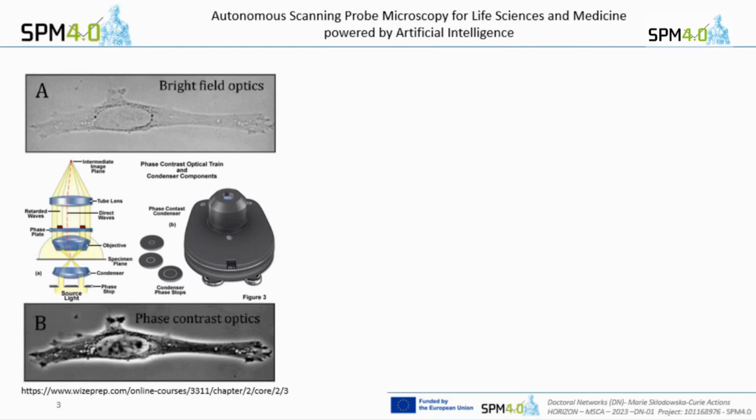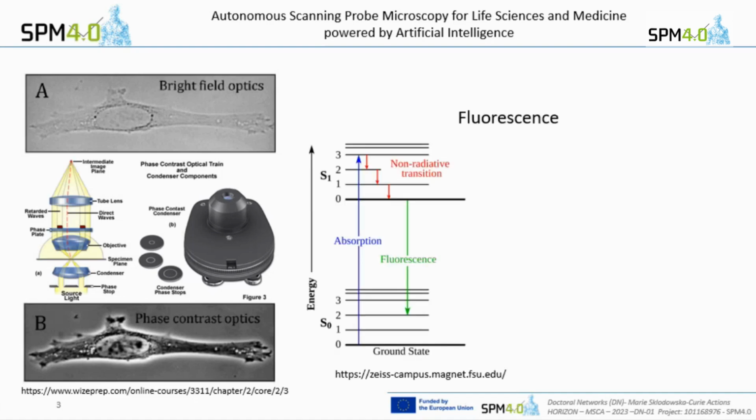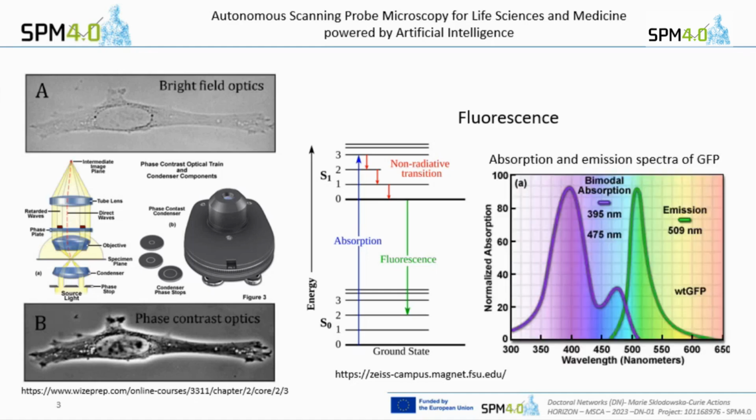But in most cases of more advanced imaging, you have to use fluorescence, which Anja also introduced and explained before. I think you all know how it works. With that, you have special fluorophores and dyes.